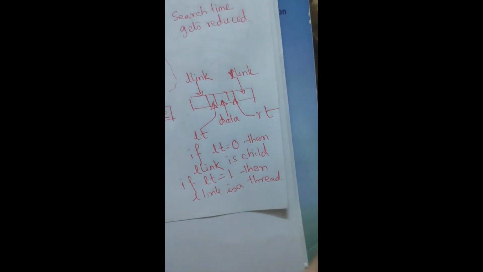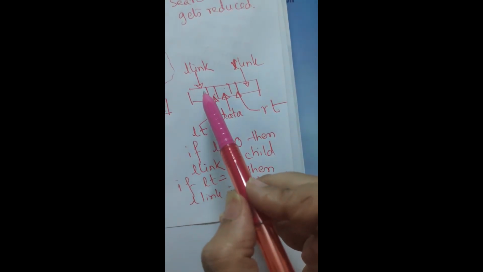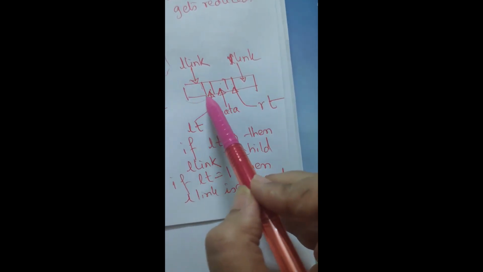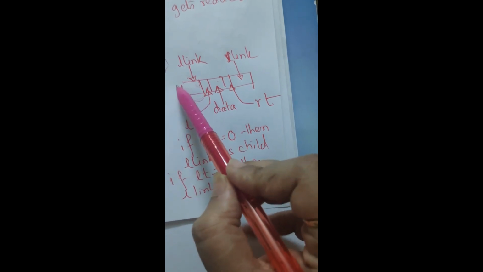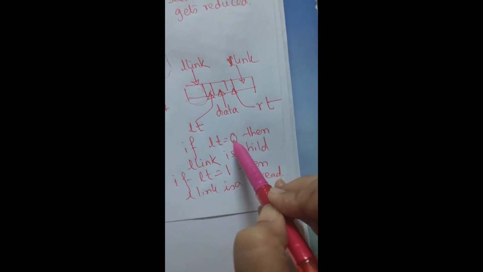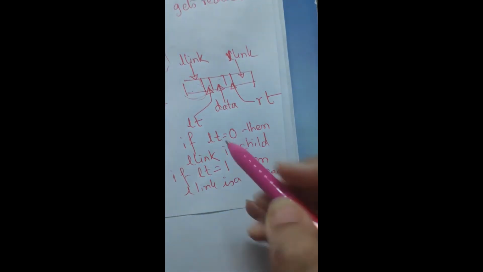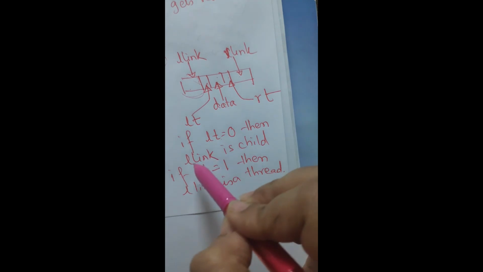What do I mean by this? That means if I want to store the address of the left child over here, I will make the LT value 0. If I want to store the address of a thread over here, I will make the LT value 1.